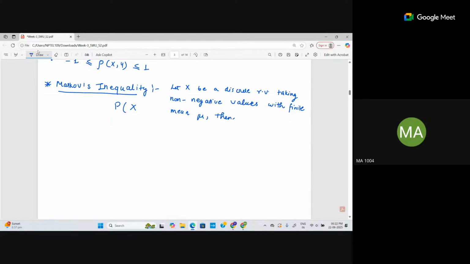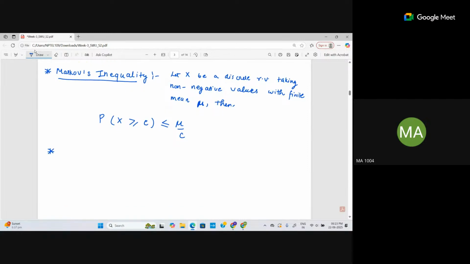Then the inequality is that the probability that x is greater than or equal to some constant value c is less than or equal to mu divided by c. So this is Markov's inequality. Mu is the mean of the variable x. Expectation or mean, both are the same here, because x is a random variable.